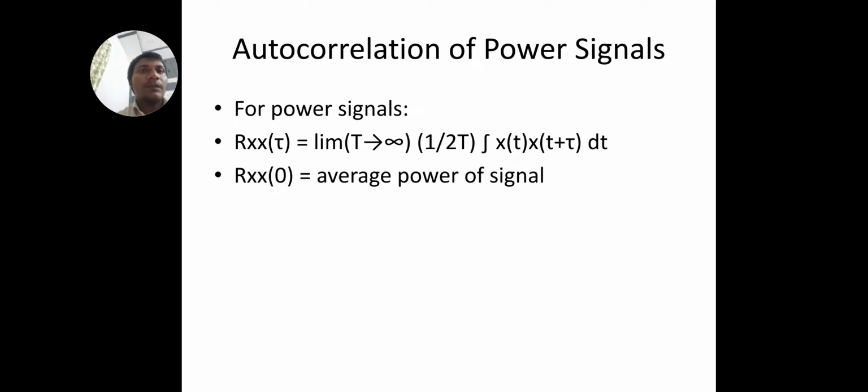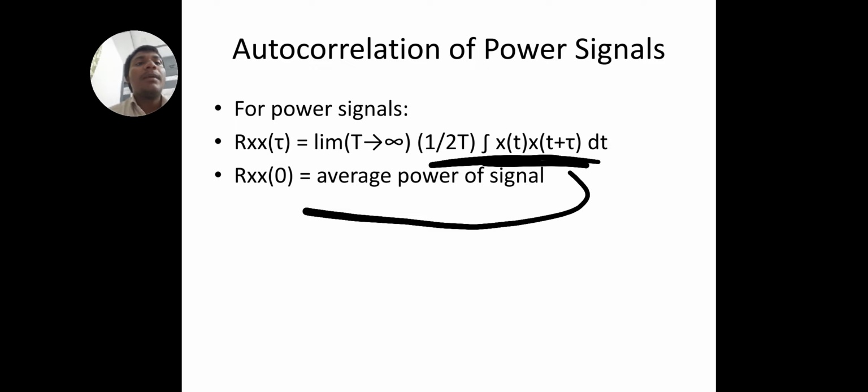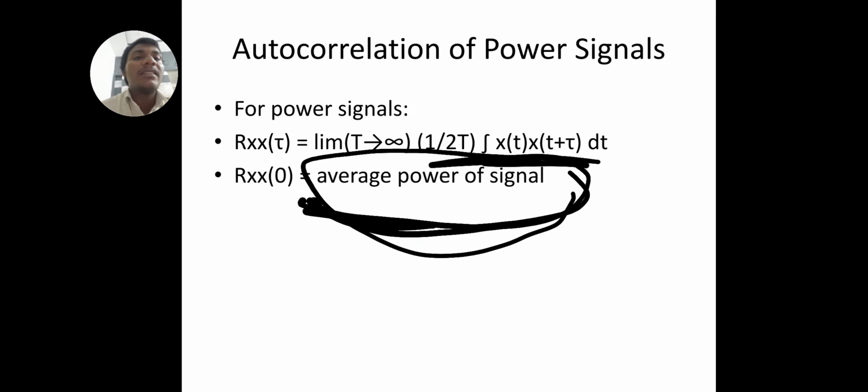Autocorrelation of power signals: for power signals, Rxx of tau equals the limit as T tends to infinity of 1 by 2T times the integral of x of t x of t plus tau dt. And Rxx of 0 equals the average power of the signal, because most of the signal energy lies at the origin.